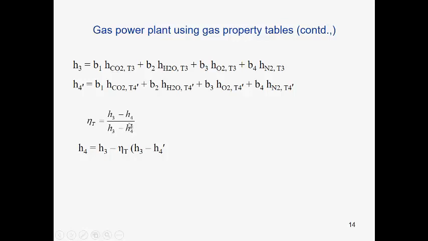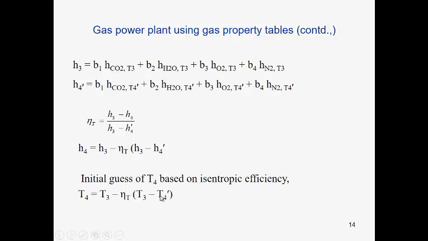Here H4 is required. H4 is determined from the simplification of this equation. To find T4 from H4, an initial guess is required. That initial guess is taken from this approximate equation, that's a constant Cp based equation.